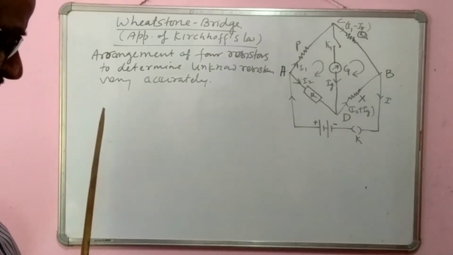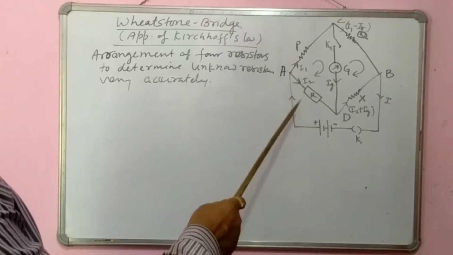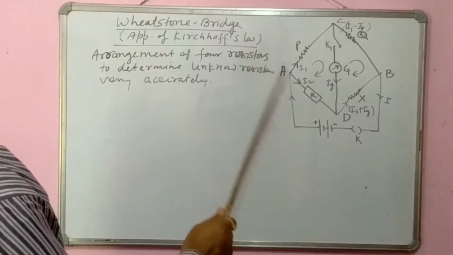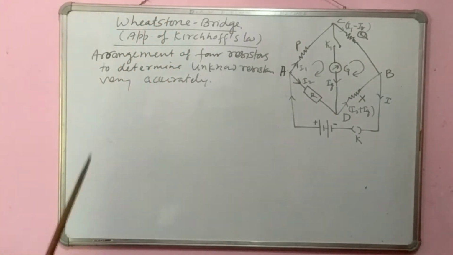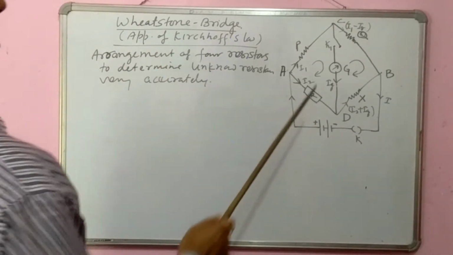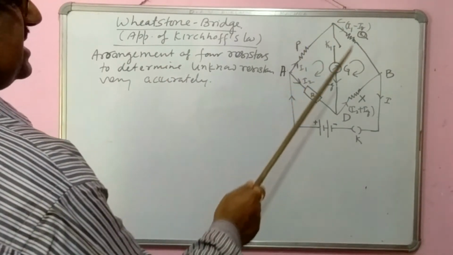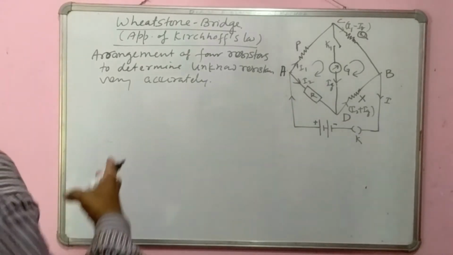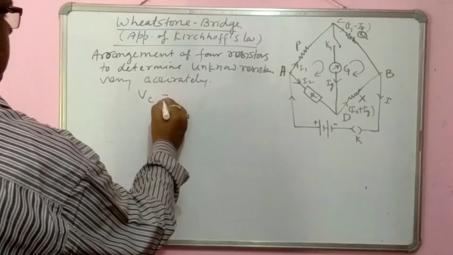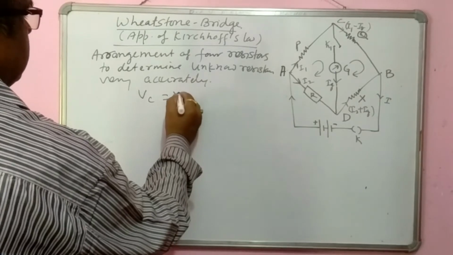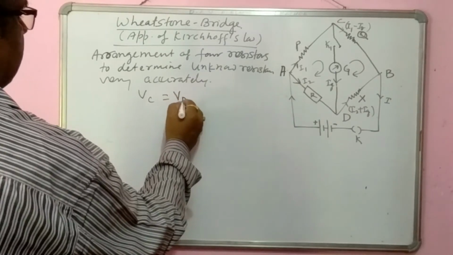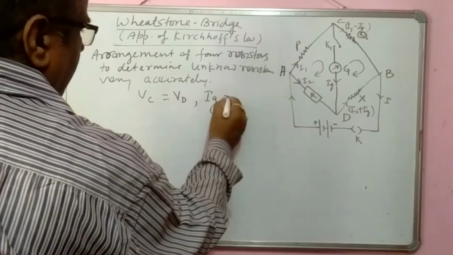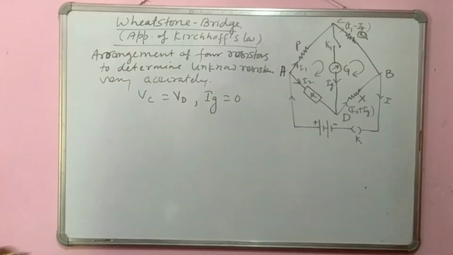By using the variable resistance, the value of R is changed such that the potential at C becomes equal to potential at D. At that time no current will pass through the galvanometer.